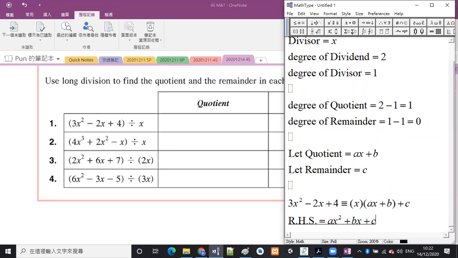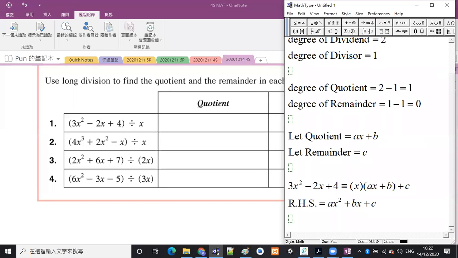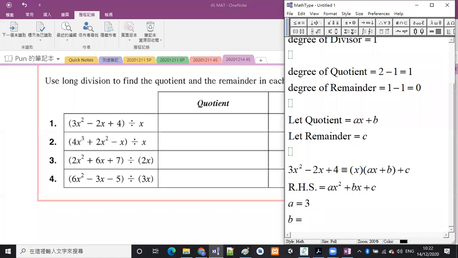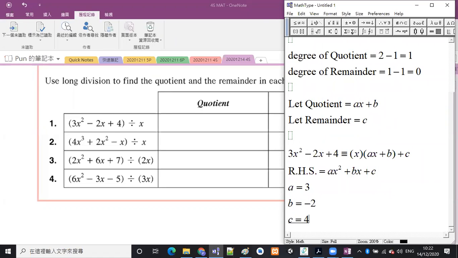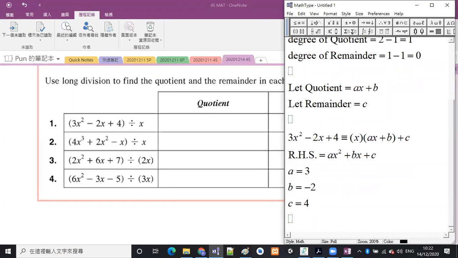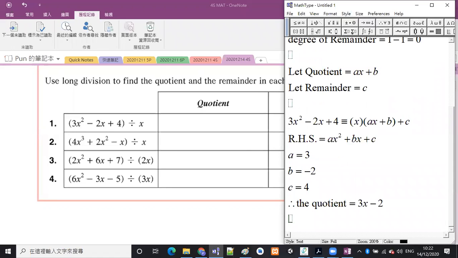Then you just compare the coefficients of the like terms from both sides. So a is equal to 3, and b is negative 2, c is 4. Okay? And write down the answer. Therefore, the quotient is equal to 3x minus 2. And the remainder is equal to 4.